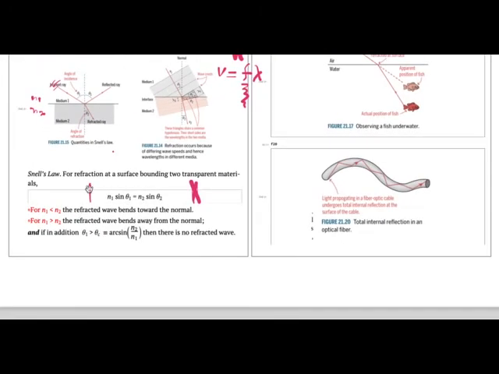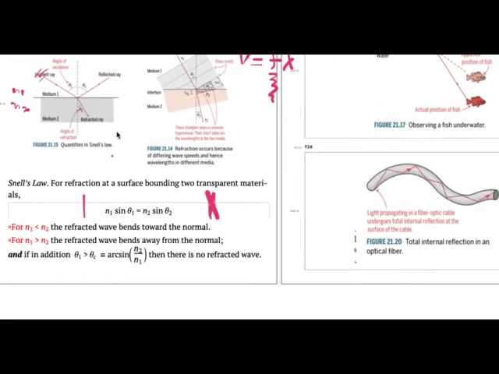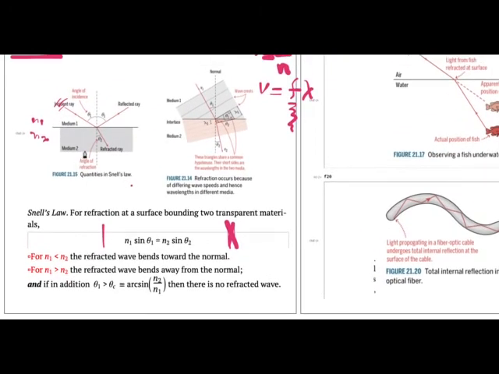Now something interesting can happen if n1 is greater than n2. If you have light coming from a dense material like glass into a less dense material like air, something interesting can happen for n1 greater than n2, which is called total internal reflection.